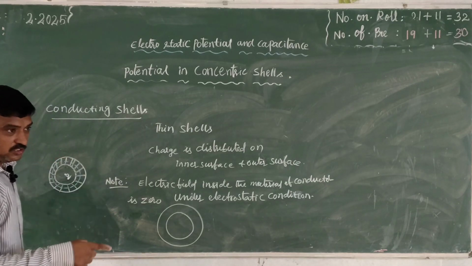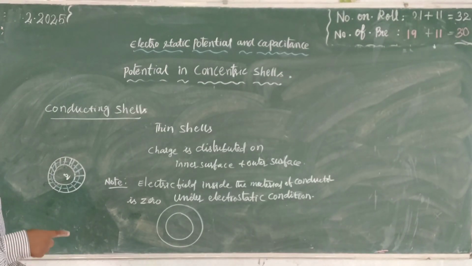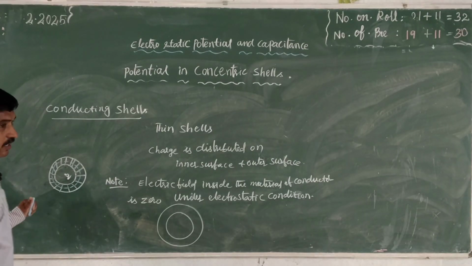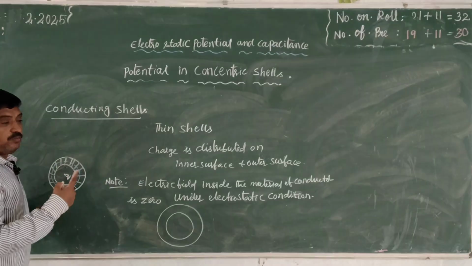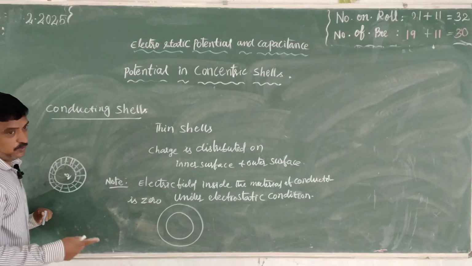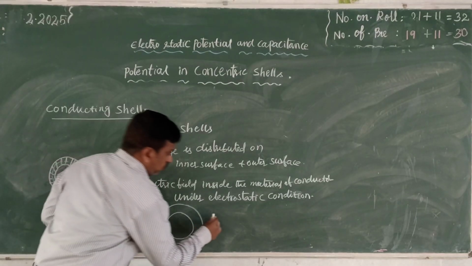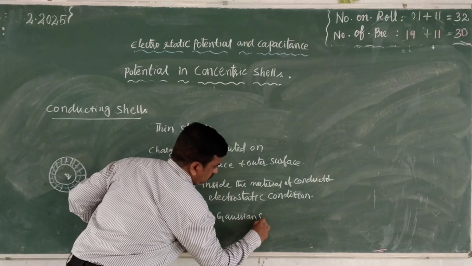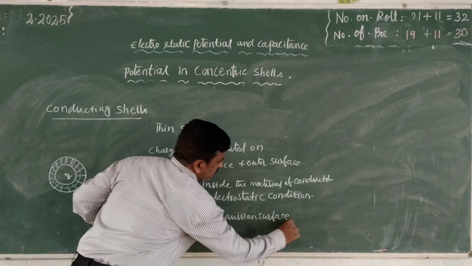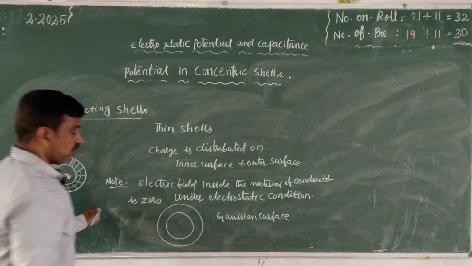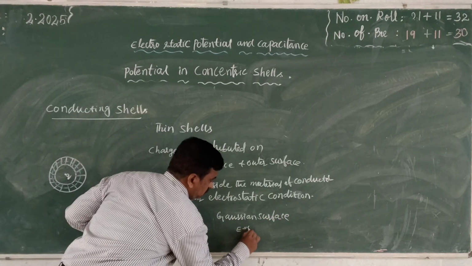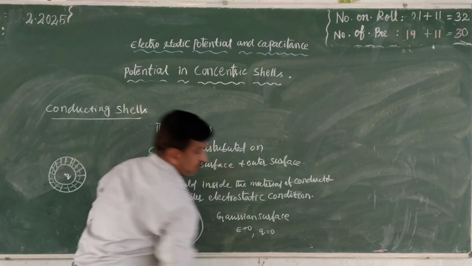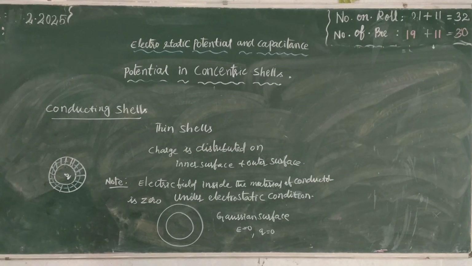When we select the Gaussian surface, inside the Gaussian surface the electric field is zero for conducting cells. Why? Because the total charge resides on the surface of the sphere. Inside, the electric field is zero, q is also zero, the charge inside is zero.